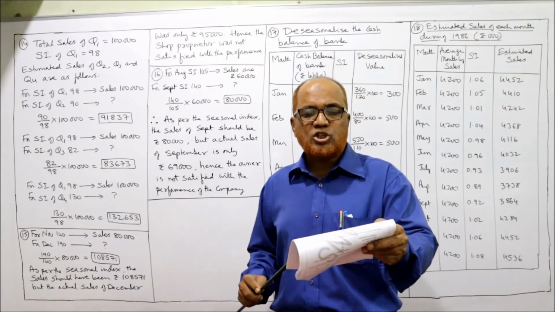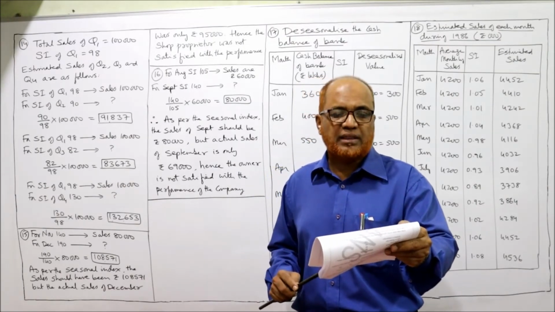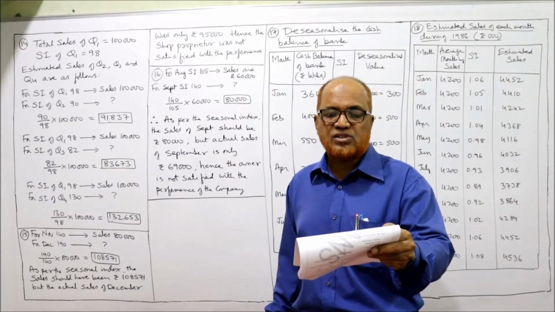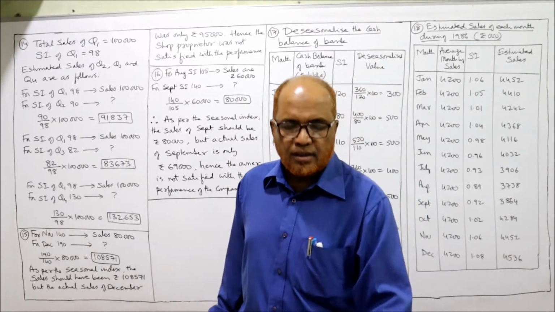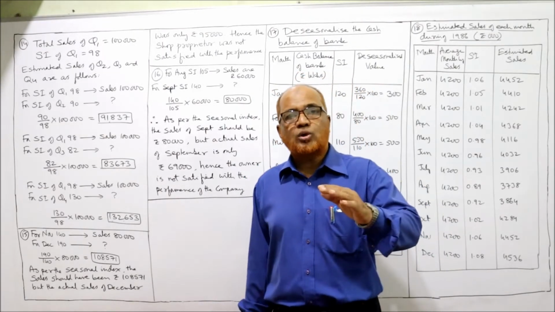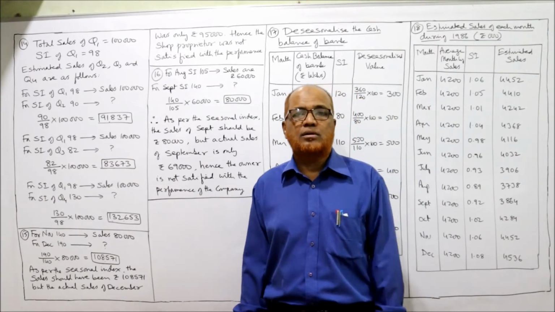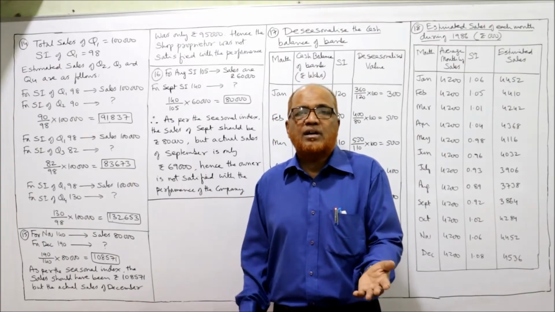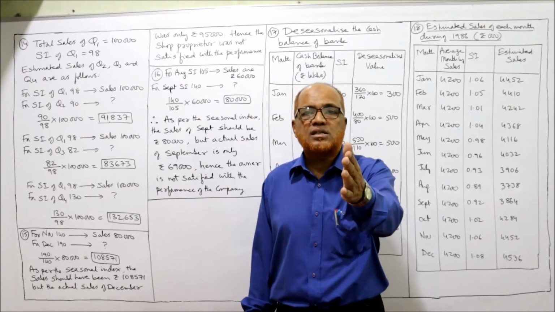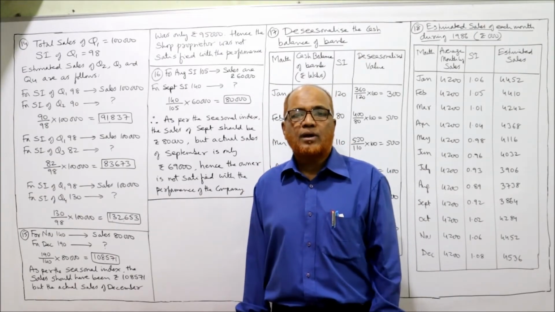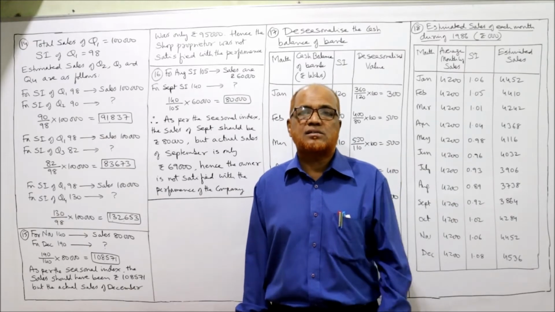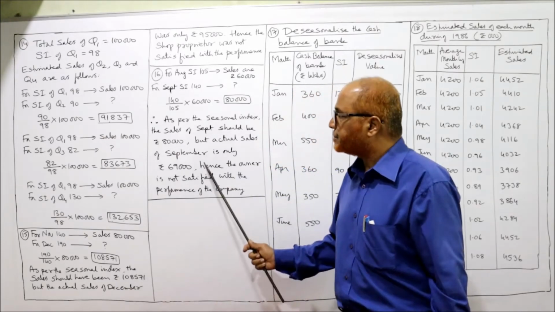He expected much more because of the seasonal index of that month. What was his estimate of sales for September? The owner says the increase should be more than 9,000, but the sales actually have increased only by 9,000, from 60,000 to 69,000.